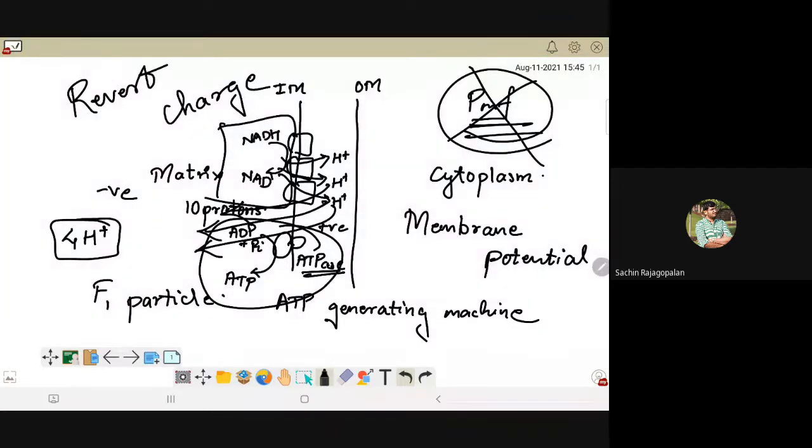So poor NADH, generated in the cytoplasm during glycolysis, has to cross two hurdles: the outer membrane and inner membrane of mitochondria.